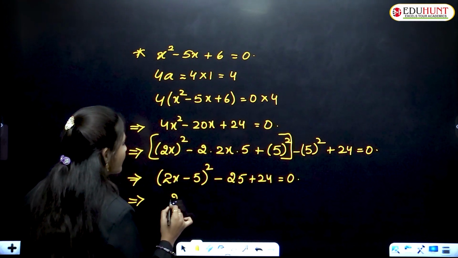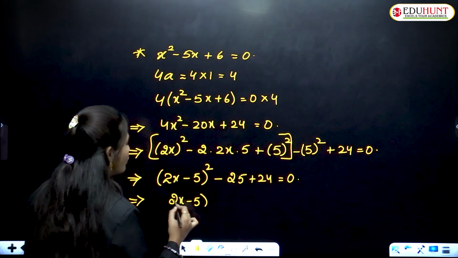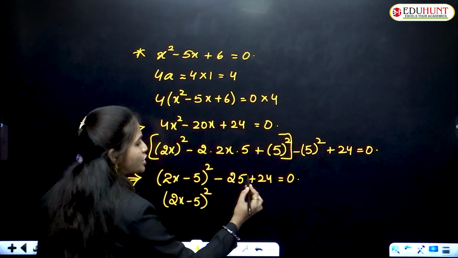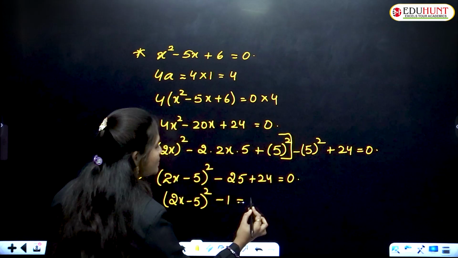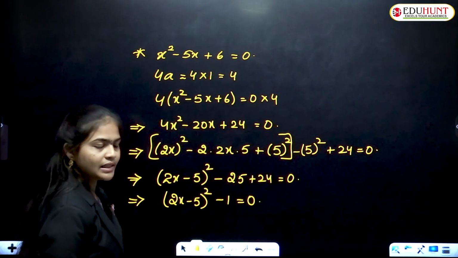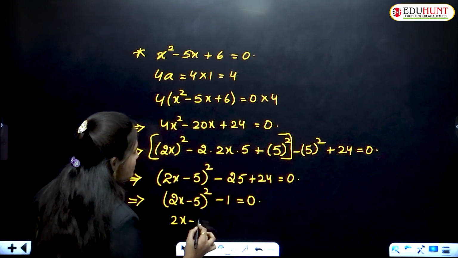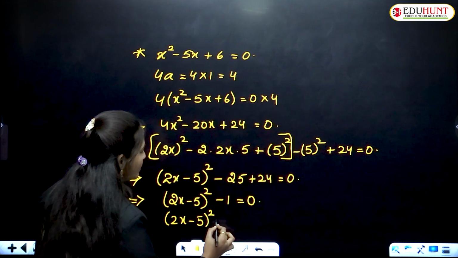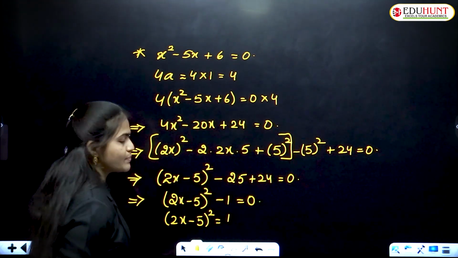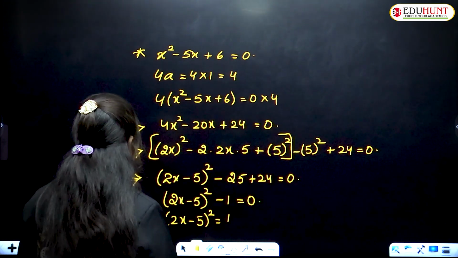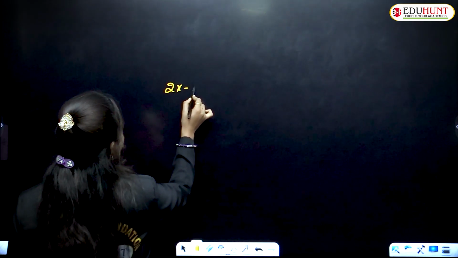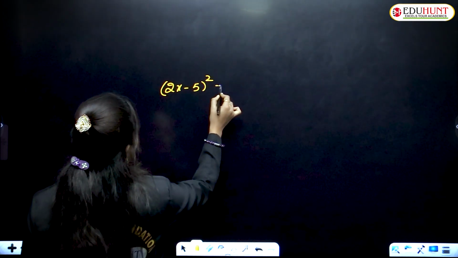Come to this one, 2x minus 5 whole square, and here minus 25 plus 24, that is minus 1, is equal to 0. Clear? Next, 2x minus 5 whole square is equal to minus 1 becoming plus 1. Okay. Next, 2x minus 5 whole square is equal to 1, we got.